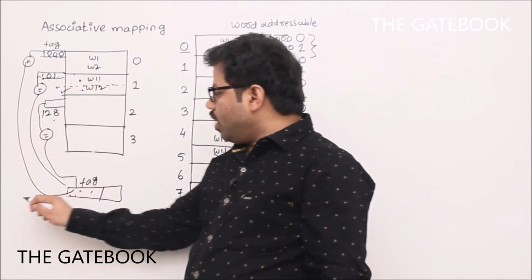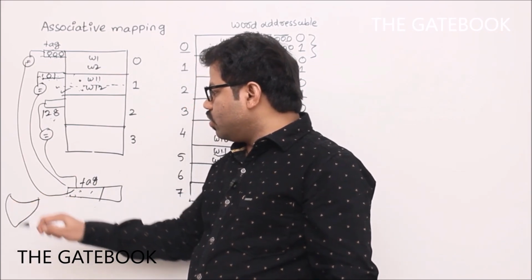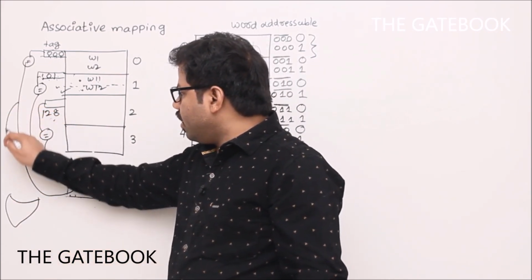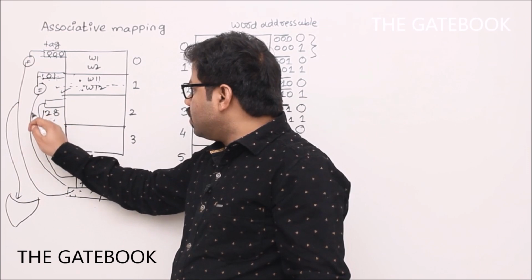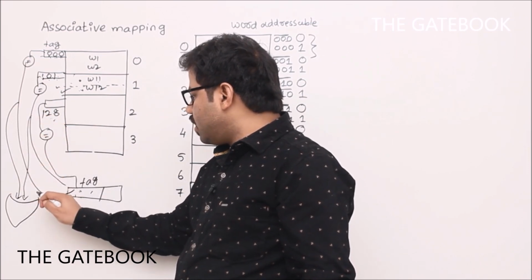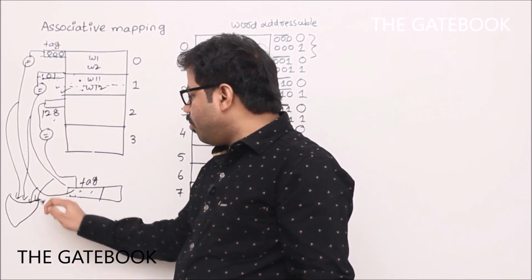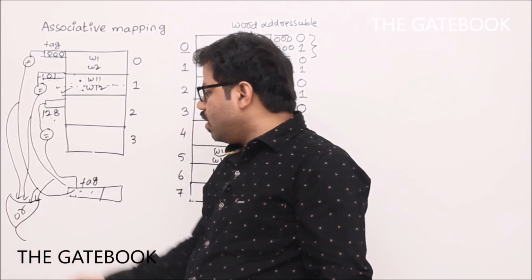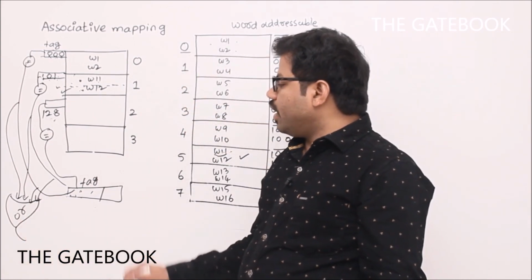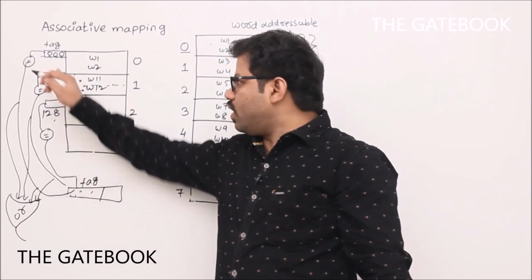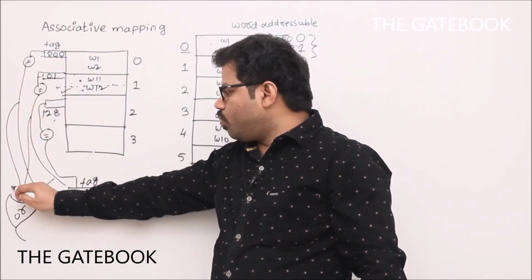So if at least one of them hits, we'll use an OR gate. So you get results, right? Result number 1, this is result number 2, the comparator results. In that way, all those comparator results will be connected to the OR gate. So what happens eventually, if the data is available, one of the tag comparators will give you output 1.